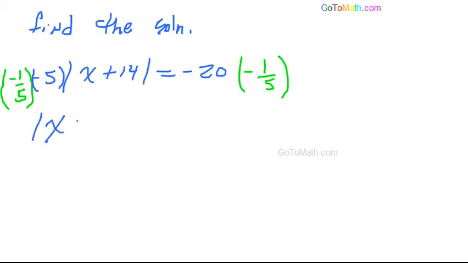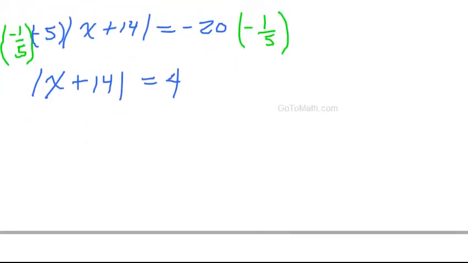Alright, so we can rewrite this as absolute value of x plus 14 is equal to, now let's go ahead and simplify over here. We got negative 20 times negative 1/5, and a negative times a negative is positive, and 20 times 1/5 is going to be 4. Alright, so we got it in the standard form that we wanted, and now we can go ahead and drop the absolute value signs.